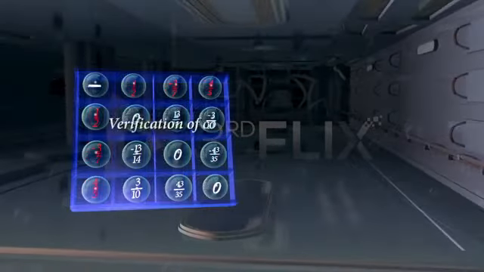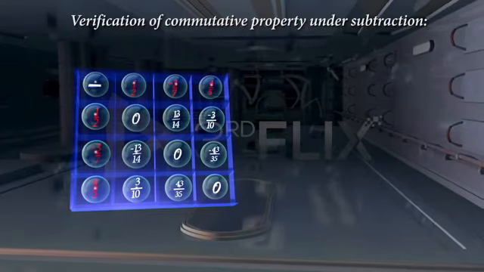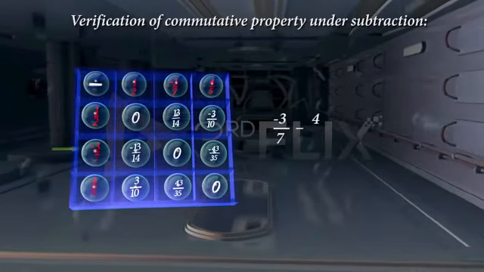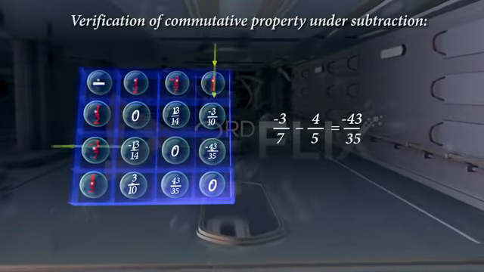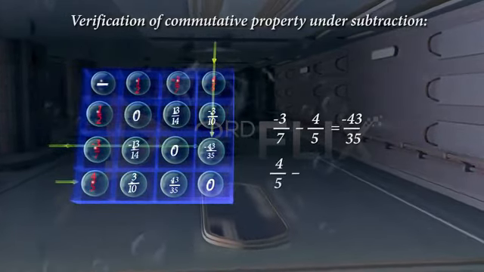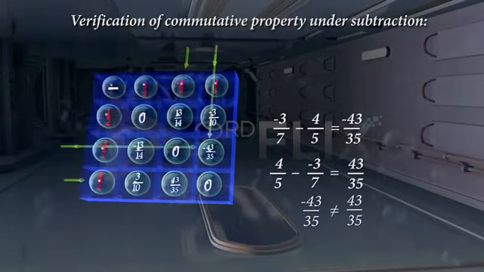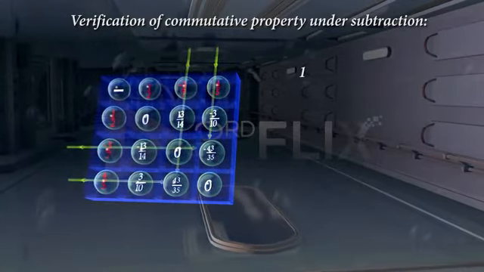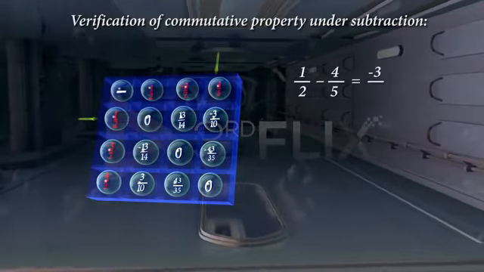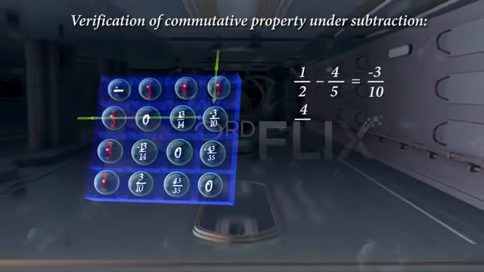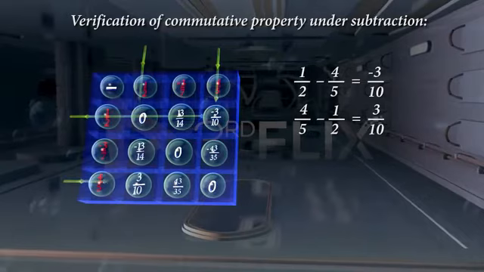Now, let us verify this property under subtraction. Look at the given table. Minus 3 by 7 minus 4 by 5 equals minus 43 by 35, but 4 by 5 minus minus 3 by 7 equals 43 by 35. 1 by 2 minus 4 by 5 equals minus 3 by 10, but 4 by 5 minus 1 by 2 equals 3 by 10.